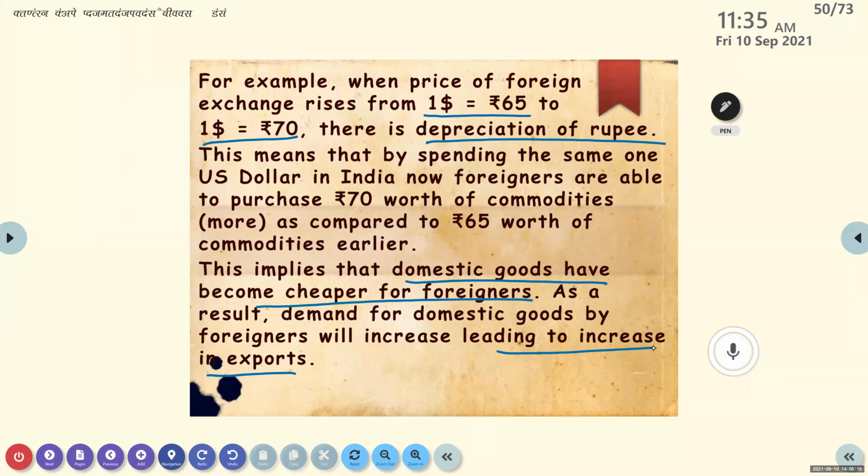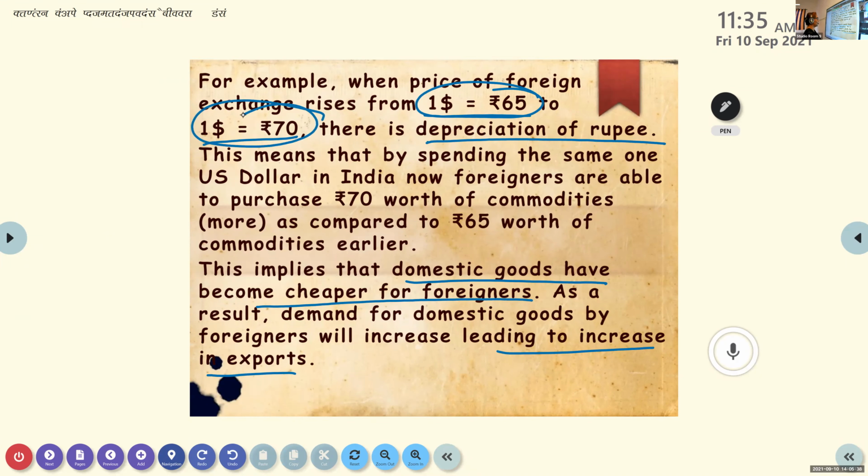No, ma'am. It is one side; if you see, indirectly it is helpful. Okay. Why do we say indirectly it is helpful? From the side of foreigners, they are able to buy more goods now from India.